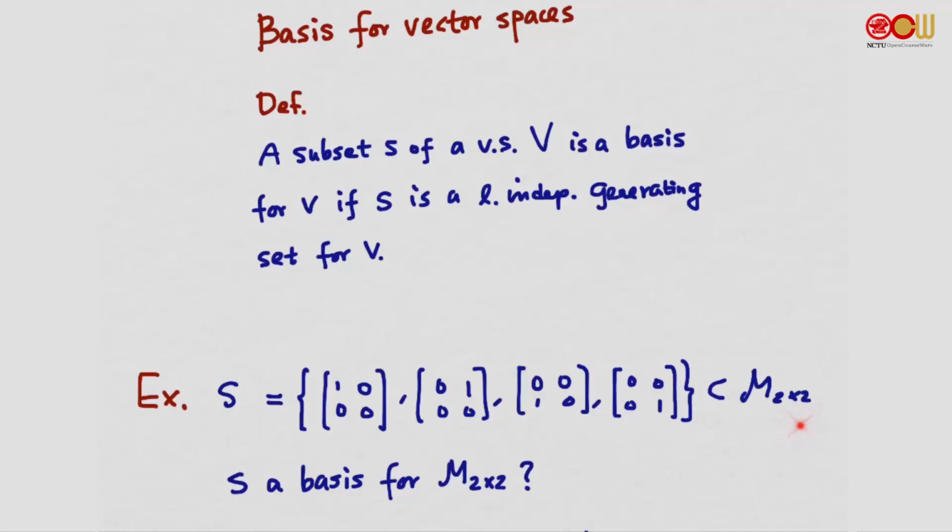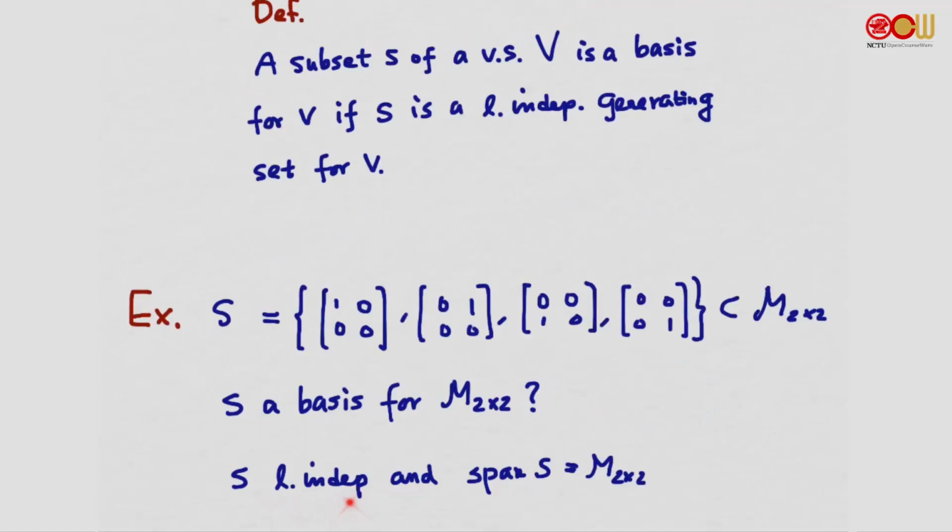Is S a basis for M2 by 2? We saw earlier that span S is equal to M2 by 2. And this set is also linearly independent. It's linearly independent and it's a generating set. So yes, it's a basis.